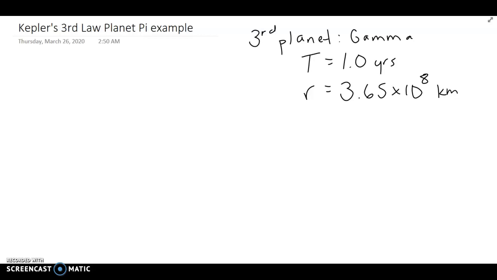Some videos you might see on the internet will do something a little bit more complicated with this, using Kepler's third law, because you should be using astronomical units for Kepler's third law. But because it's a ratio, CK12 thought that it would be fine to use kilometers.